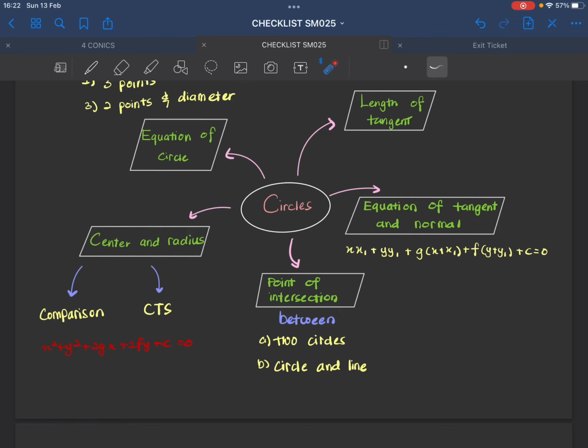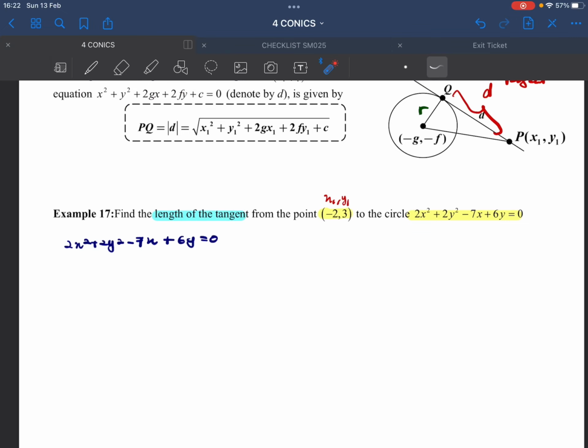Here you have 2, so we have to simplify first, divide everything by 2. We will have x squared plus y squared minus 7 over 2 x plus 6 over 2, which is 3y, equals to 0. Now only can we compare.